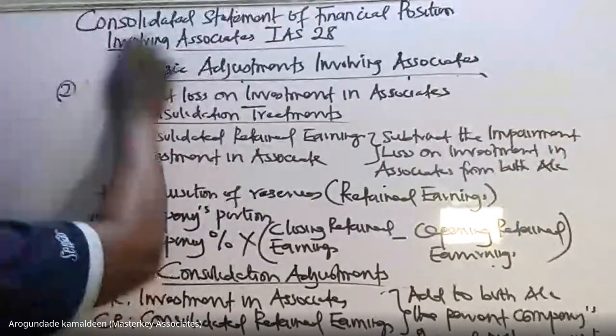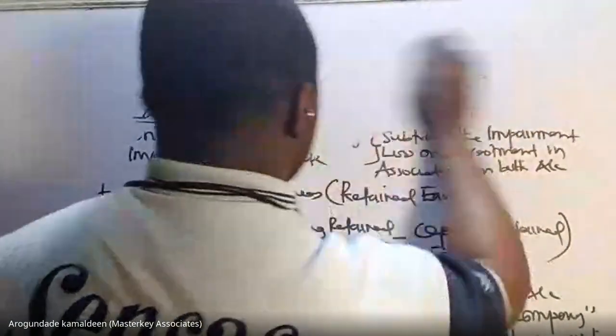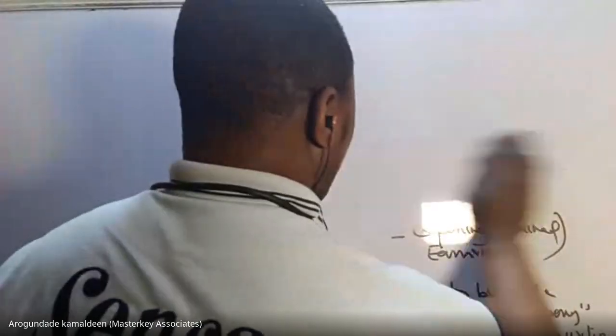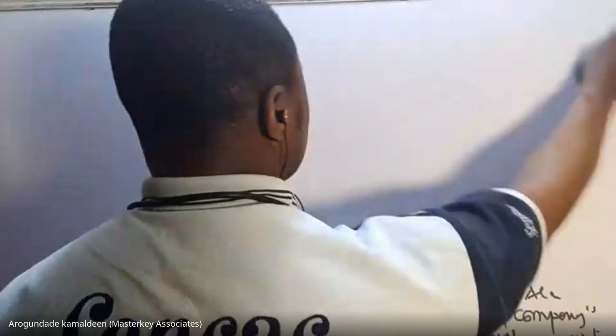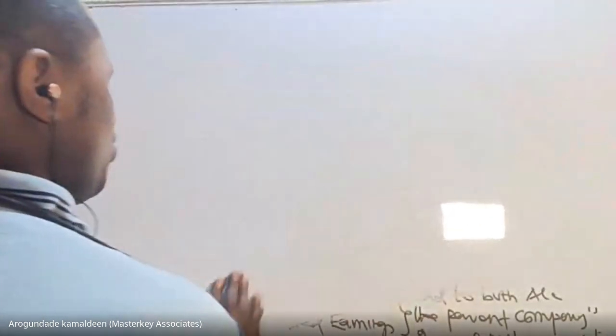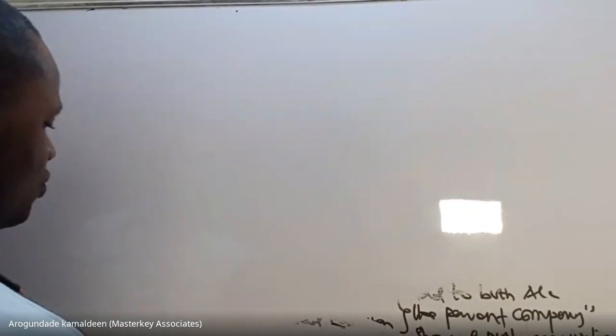Because all the adjustments we have done so far between the parent company and the subsidiary are still 100% applicable. Because your question in FR on group account might be between the parent company and the subsidiary, number one, or between the parent company, the subsidiary, and associate.